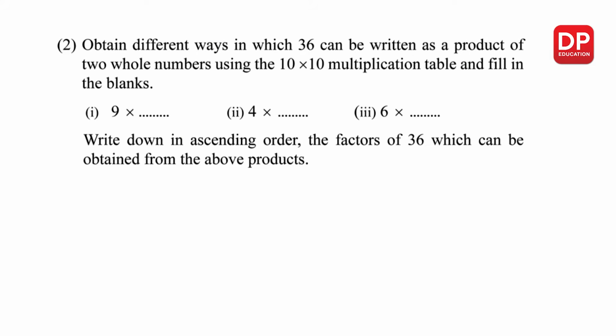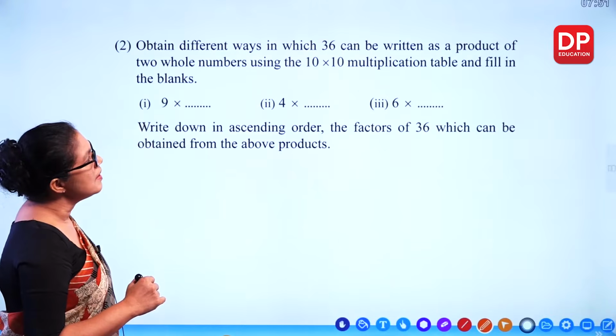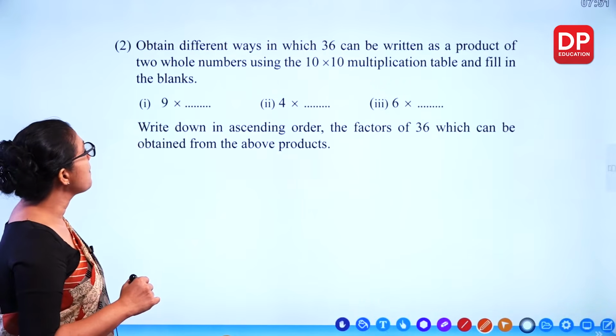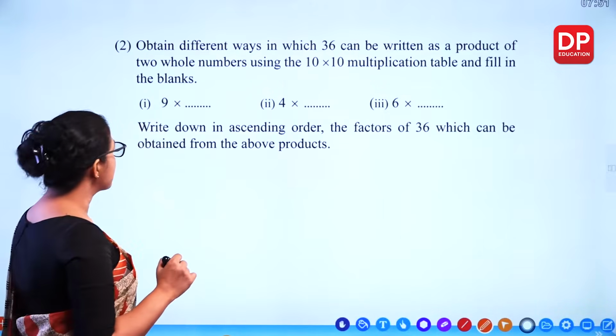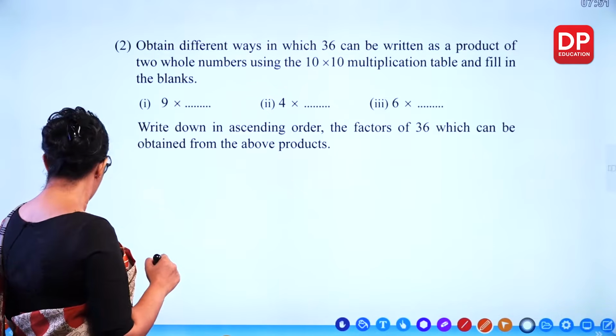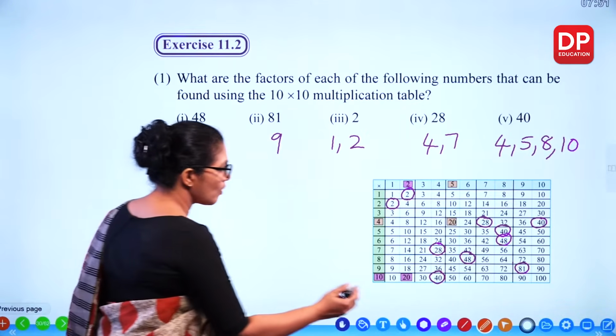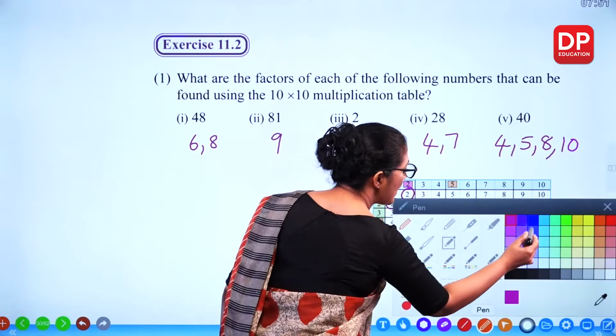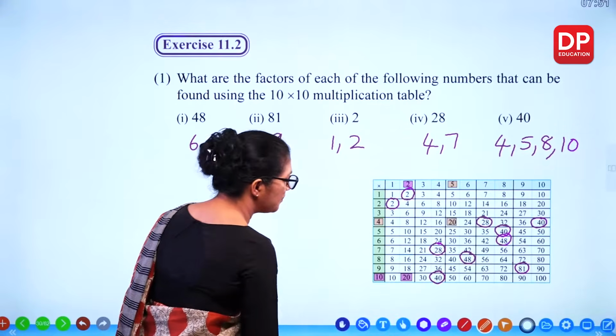Obtain different ways in which 36 can be written as a product of two whole numbers using the 10 times 10 tables and fill in the blanks. 36. So we need to find out what are the possibilities we can get 36.